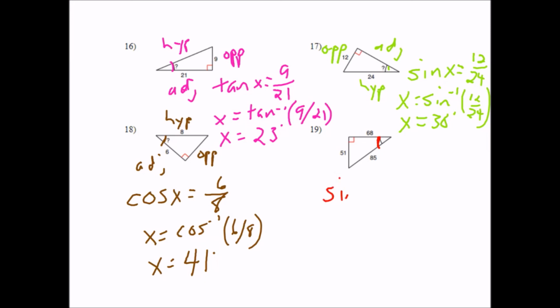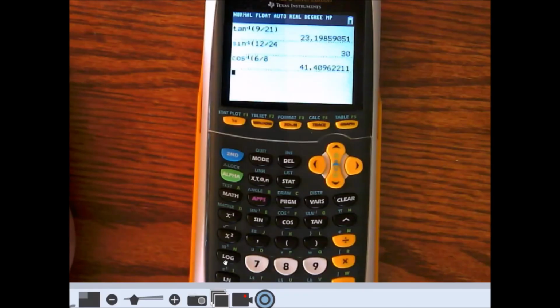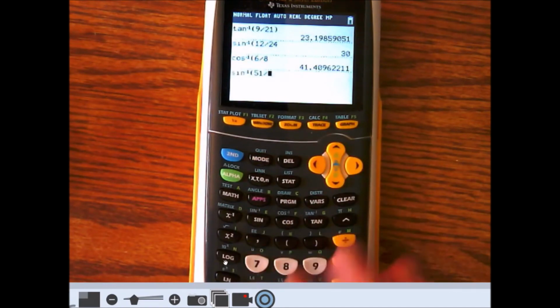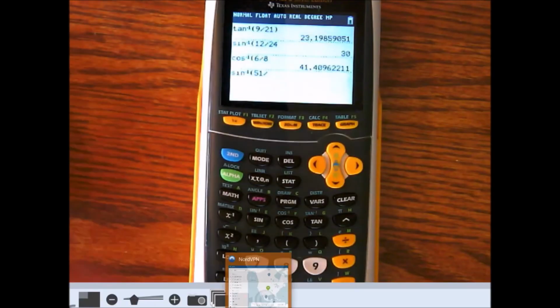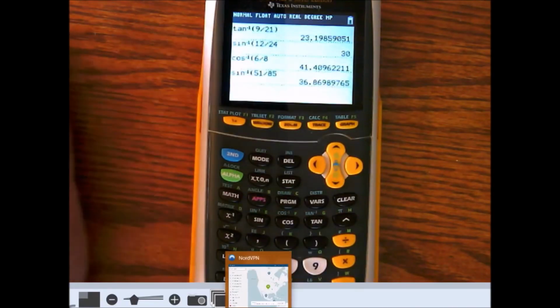So sine of x would be 51 over the hypotenuse 85. Obviously, if you choose something other than sine, it would be a different ratio. So 37 degrees.